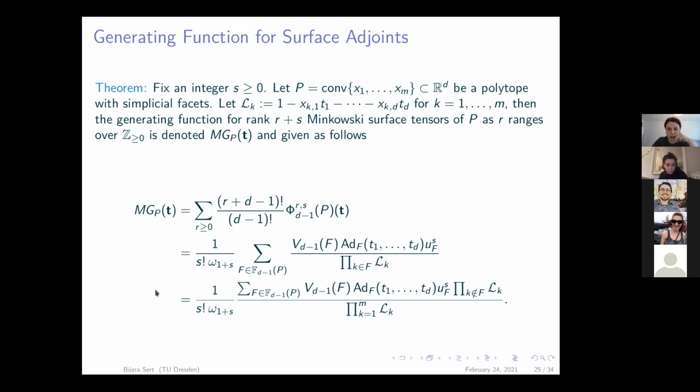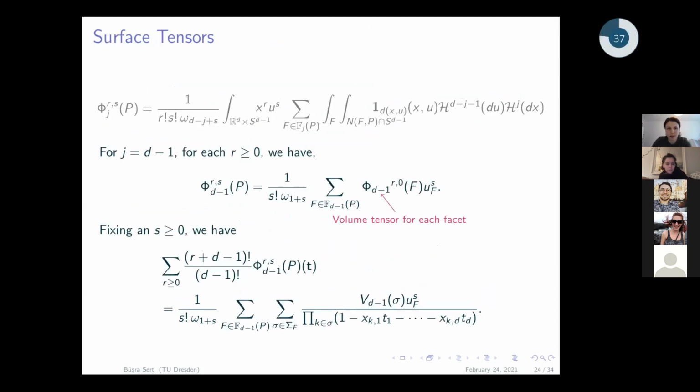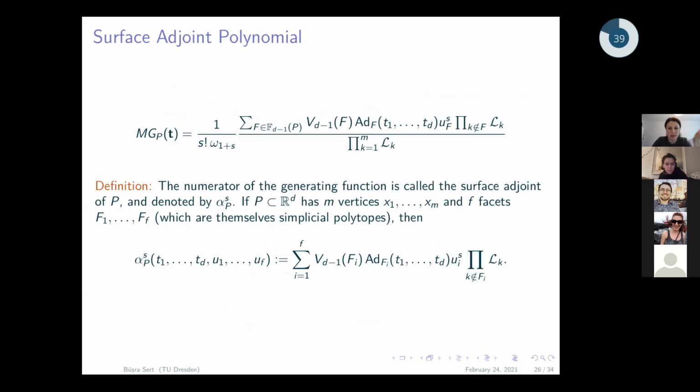At the end we obtain this last line, with its own common denominator, and the numerator of this generating function we call the surface adjoint of P. So we define something analogous to the adjoint of the polynomial.